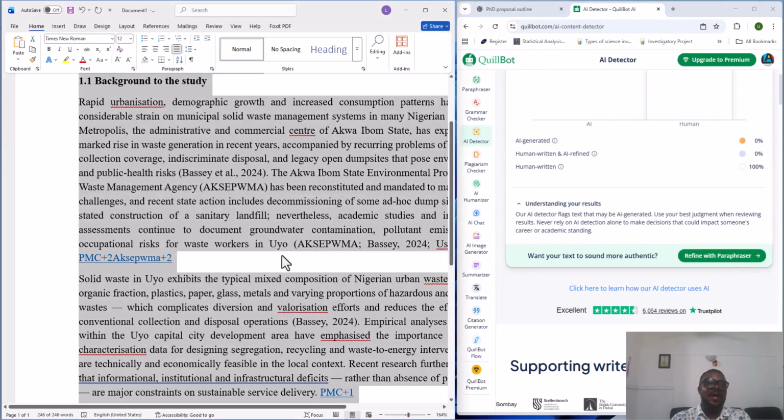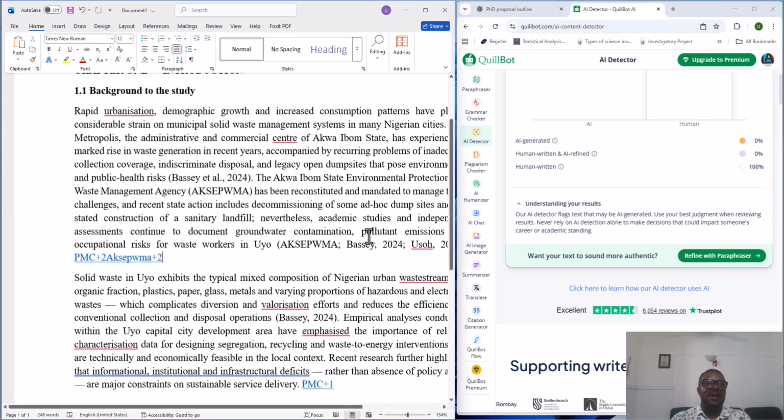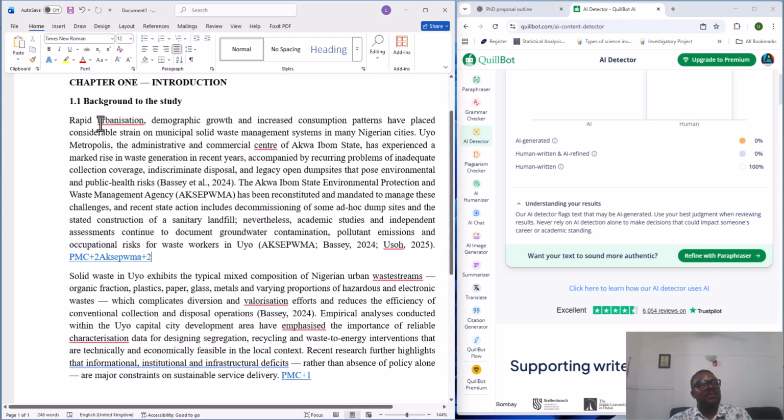So let's read what we have here and see how far we go. The background said rapid urbanization, demographic growth, and increased consumption patterns have placed considerable strain on municipal solid waste management system in Nigerian city. Okay, that's a general statement, but that statement sounds like something that has a note of finality.